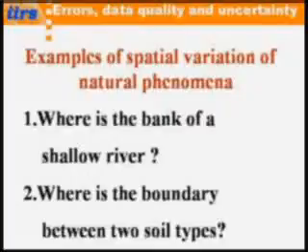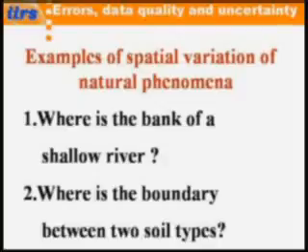When you talk about errors and data quality, when you try to draw a line for the bank of a river, sometimes it is difficult because the bank of the river may be very wide, maybe 100 meters or 500 meters. So where do you put that line exactly? Naturally the line will be varying.